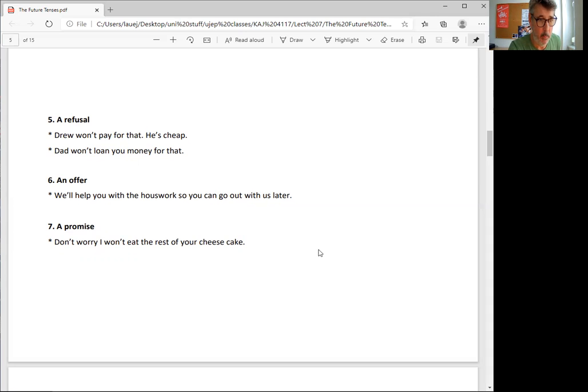Don't worry, I won't eat the rest of your cheesecake. You're promising something. It's much like an offer. There's not always a big difference between an offer and a promise. The idea is the same. I will cook dinner for you on Friday. I'll pay for your smajak. We will wait for you. This is an offer. This is kind of like a promise, all right?